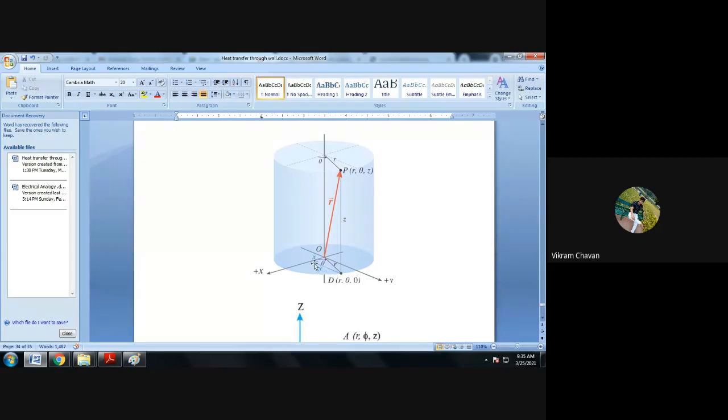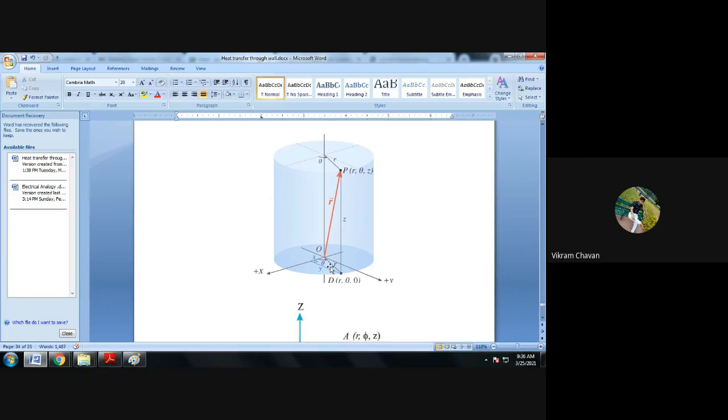Now, the angle made by this line with the x-axis, the line connecting that point and the central axis of the cylinder, that angle will be considered as theta or phi.